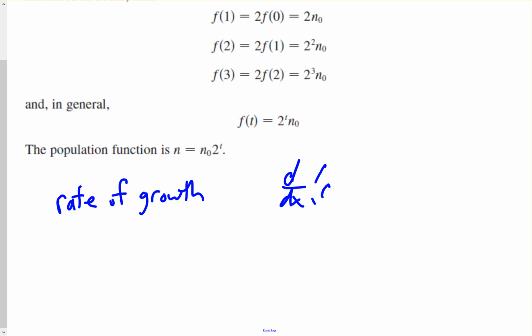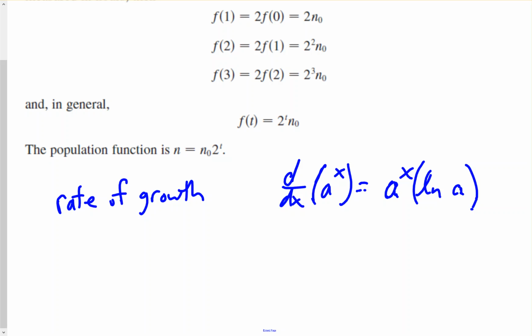Like if we have a to the x, the derivative of a to the x is a to the x times the natural log of a.